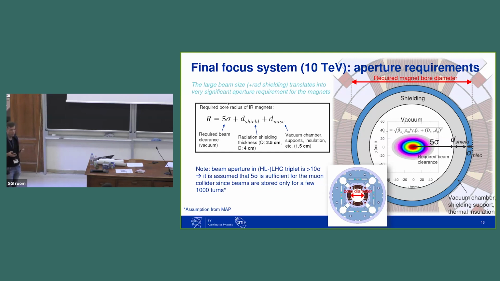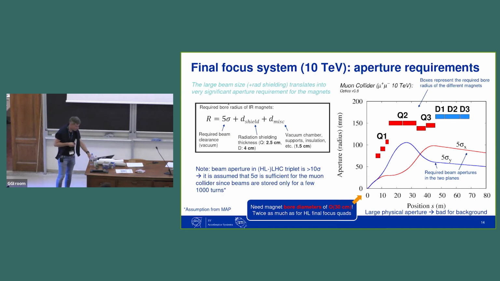So we need, for example, a much larger aperture. But then we also need some additional space for shielding and other equipment like vacuum chambers, supports, insulation, and so on. This adds another 8 to 10, 11 centimeters to the pore diameter. So we end up in the end with a really large pore diameter.